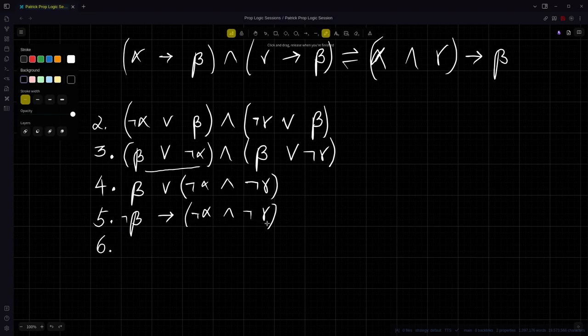So you'll do not not alpha and not gamma implies beta, right? Yeah. To be honest, as I was writing, I first took out the negation, but now you can do De Morgan's law. Right.